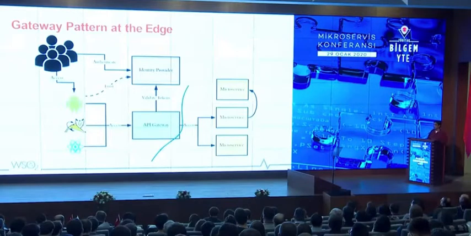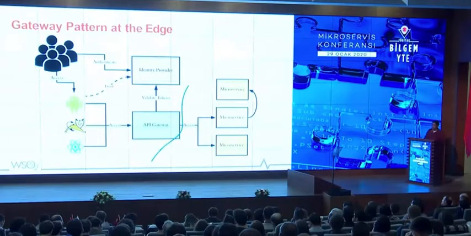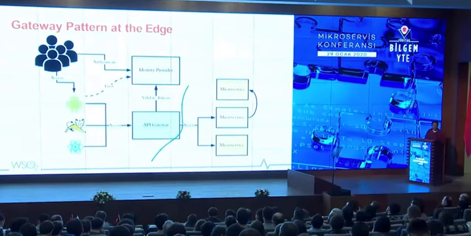So this is the most common pattern we see to protect microservices at the edge. You use a gateway, an API gateway. You have all the upstream microservices, and you can selectively pick a set of microservices that you want to expose outside your domain, right, and have an API for that.